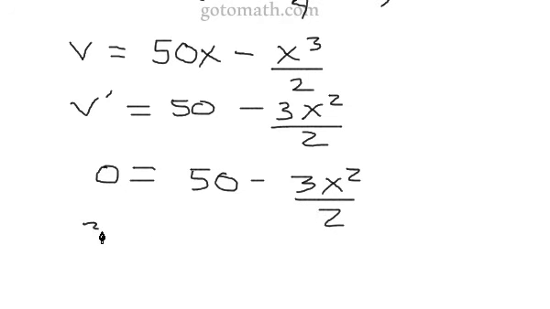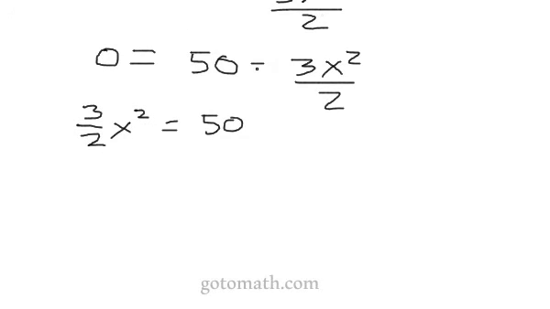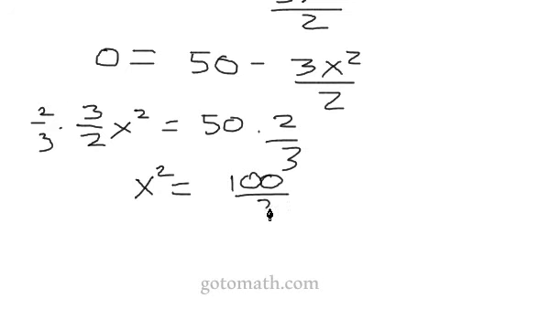I'm going to take the 3 halves x squared over to the left, and really the real reason for all that is because we have a minus sign out front. And then we can multiply both sides by 2/3, and we're left with x squared is equal to 100 over 3.